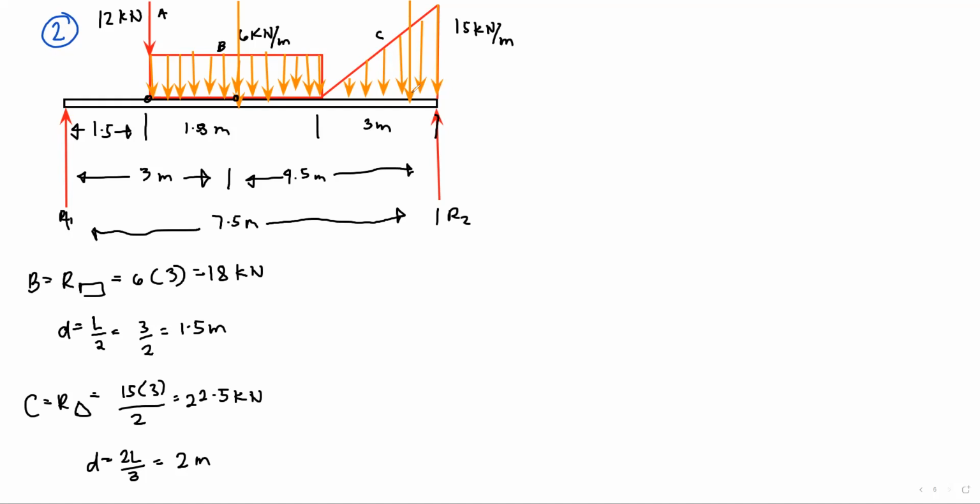Next, our C. Of course, you now have a position from here to here of 2 meters. So R1 to C is equal to 3 plus 1.5 plus 2, which is 6.5 meters.